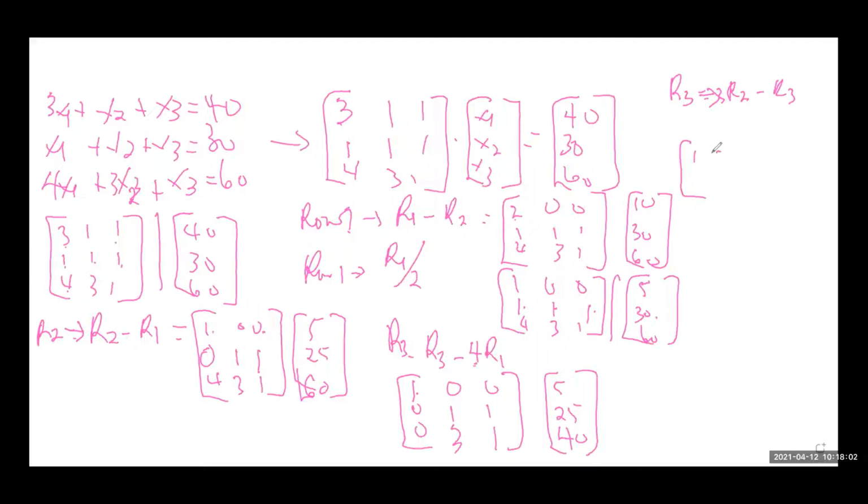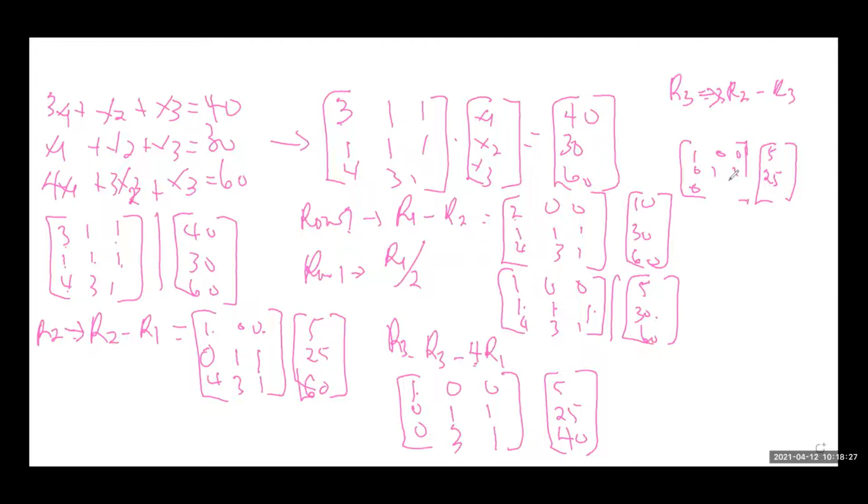Okay, so 1, 0, 0. Here we have 5. Row 2 is still the same, so 0, 1, 1, and I have 25. Okay, so let's go on. 3 times 0 is 0. 0 minus 0 is 0. 3 times 1 is 3, right?